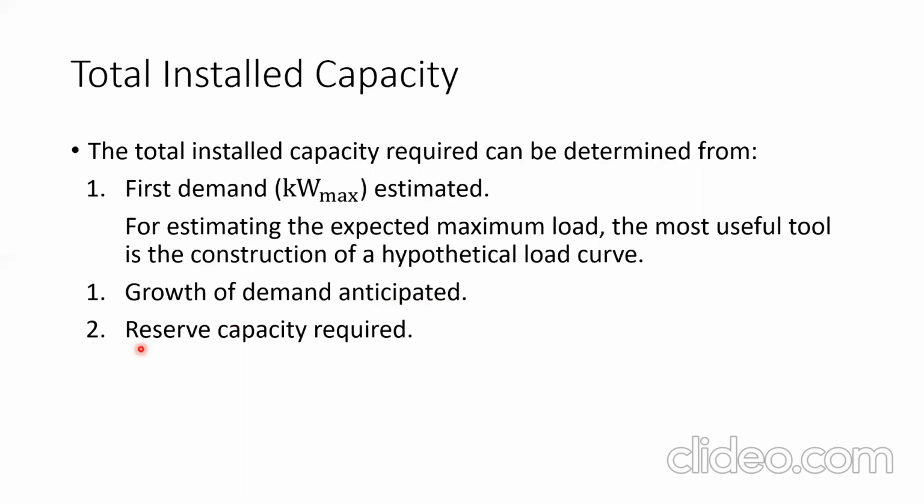And third is the reserve capacity required. Suppose the load demand is 1 megawatt, then your plant must have a capacity greater than 1 megawatt. For example, if the plant capacity is 1.2 megawatt, then you can say that 0.2 megawatt is the reserve capacity.